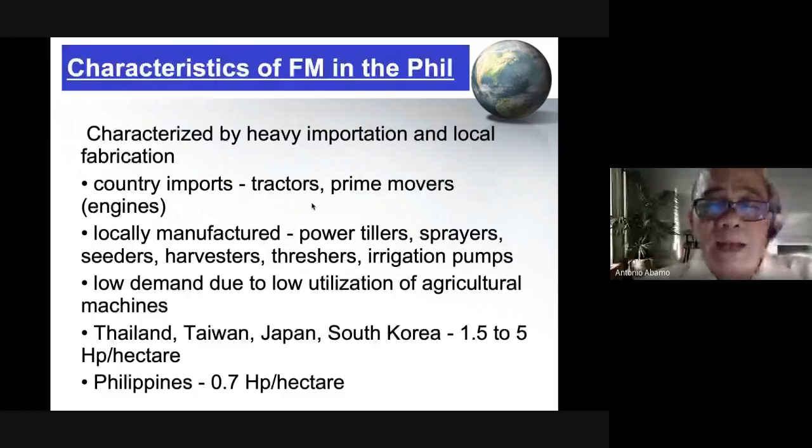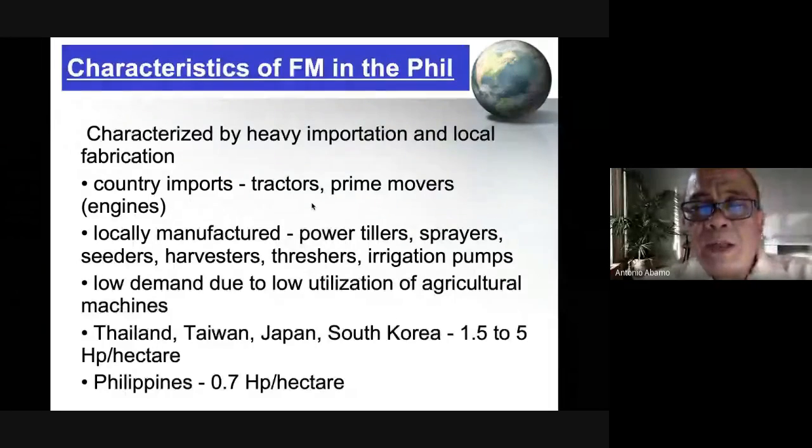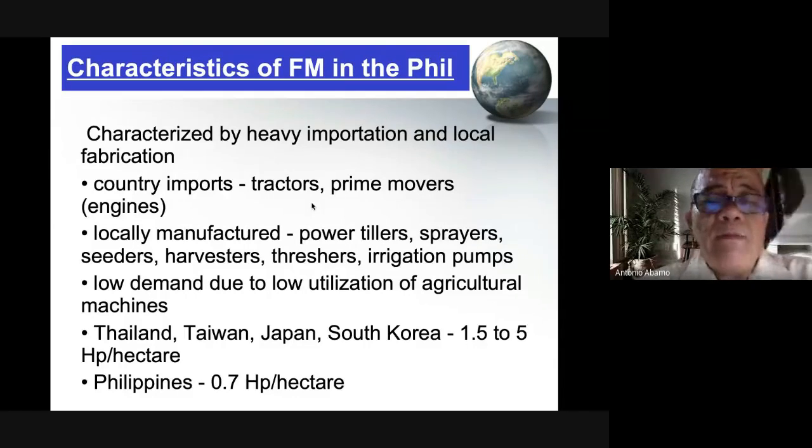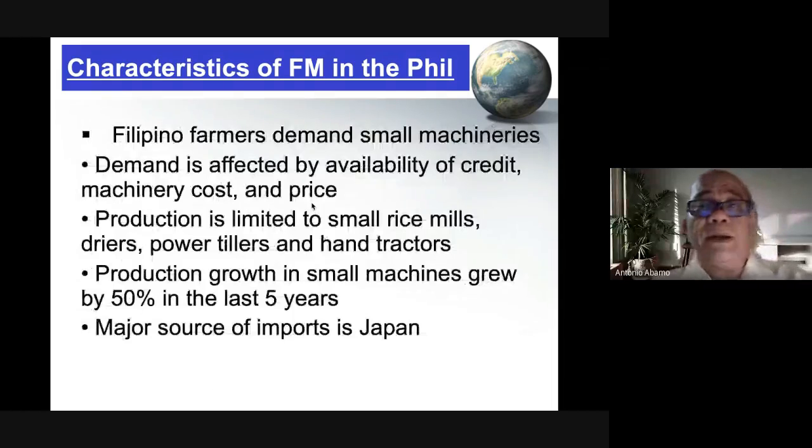While Thailand, Taiwan, Japan, South Korea use farm power from 1.5 to 5 horsepower per hectare, the Philippines only uses 0.7 horsepower per hectare, practically or basically low compared to our Asian neighbors. Okay, so that is the characteristic of farm mechanization in the Philippines.